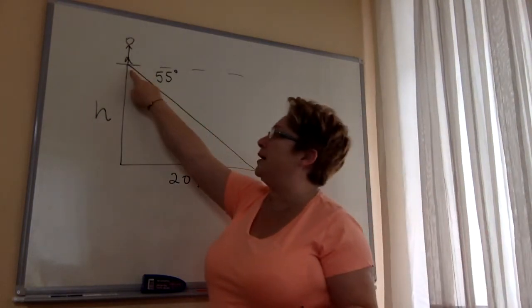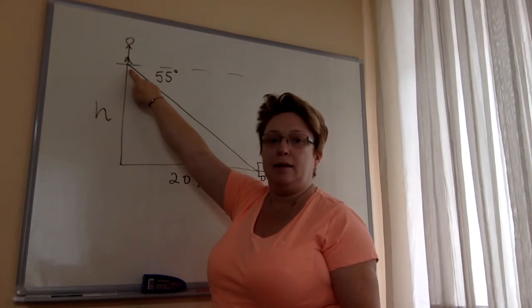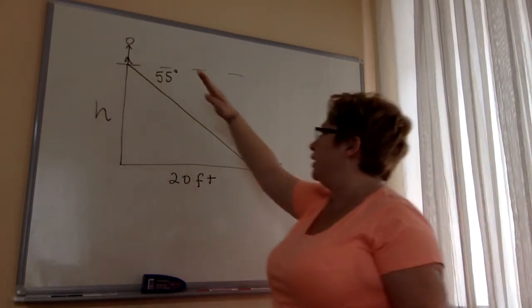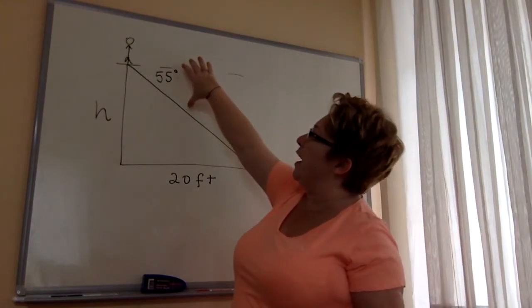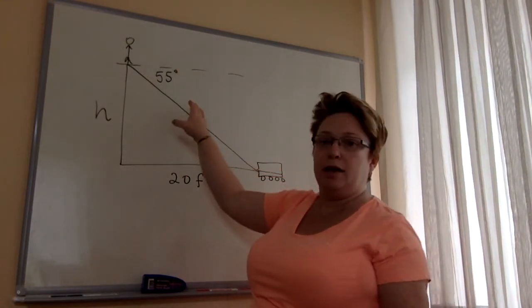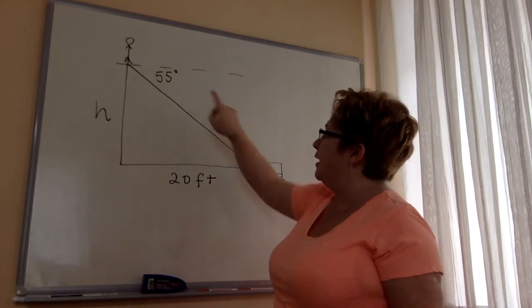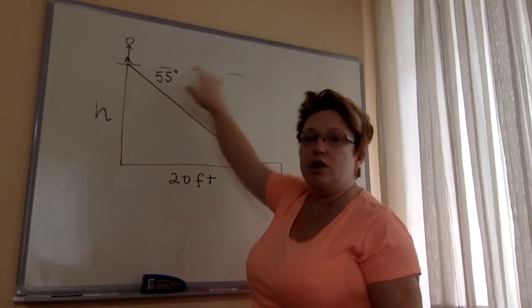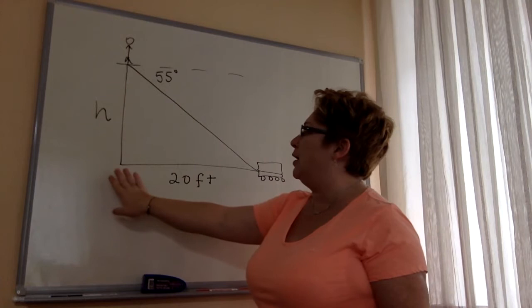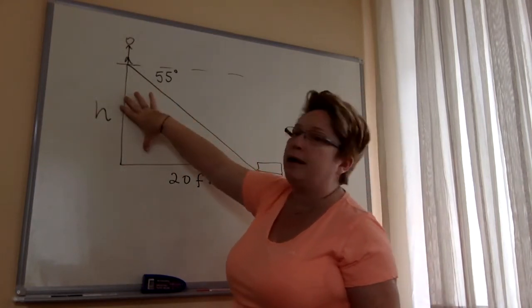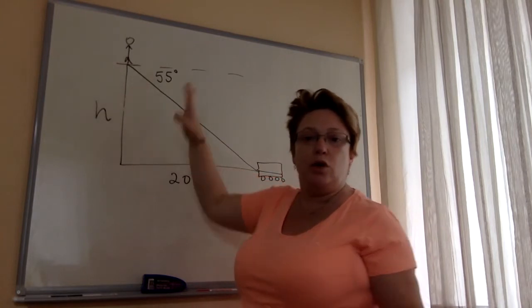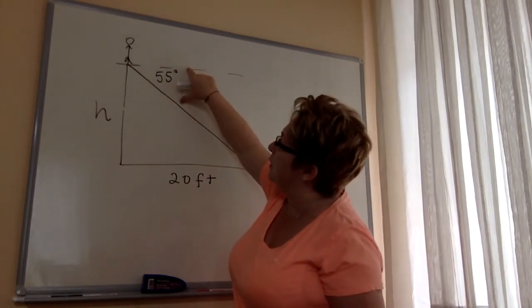Let's say you're standing on top of a building, and you're looking down at your car. And let's say your angle of depression to see your car is 55 degrees. You know that your car is 20 feet away from the building and you want to find the height of the building. Angle of depression is this angle here.